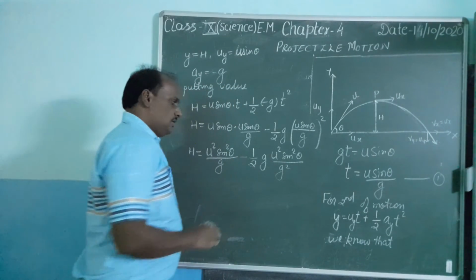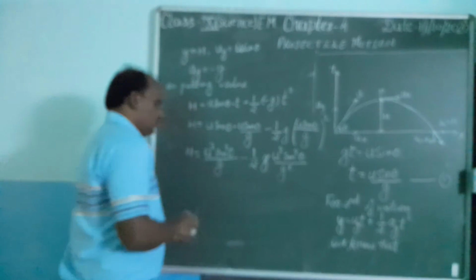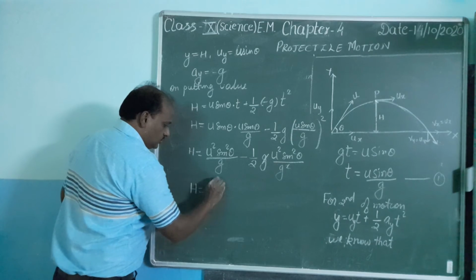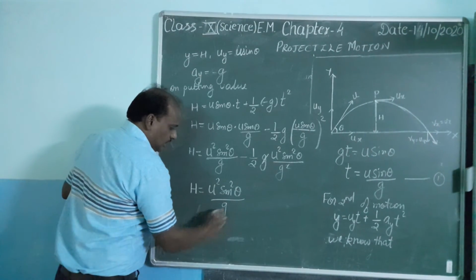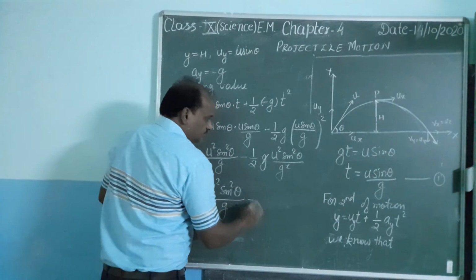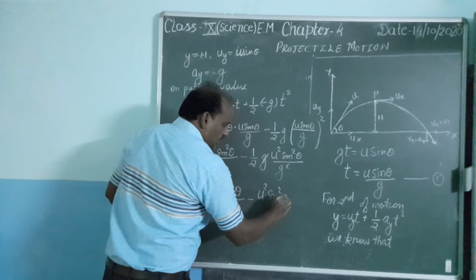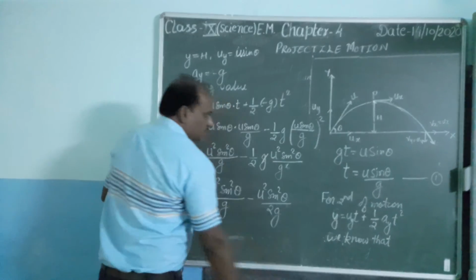One g will cancel with this, so what we get is h equals u square sin square theta upon g minus u square sin square theta upon 2g.